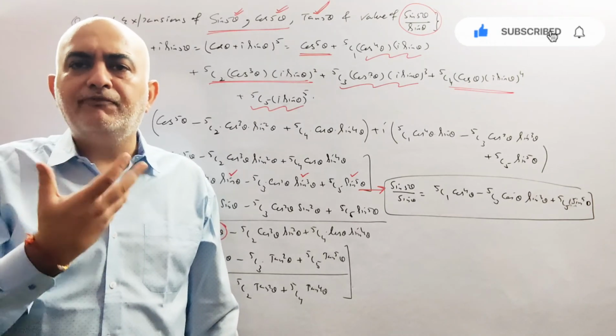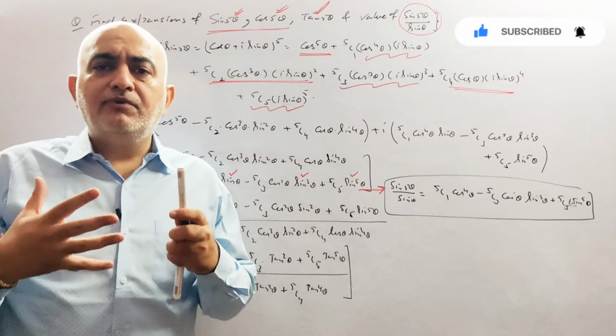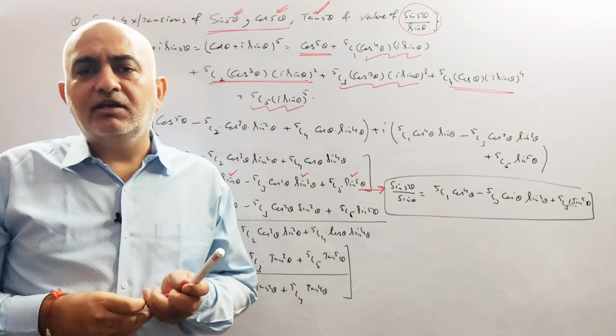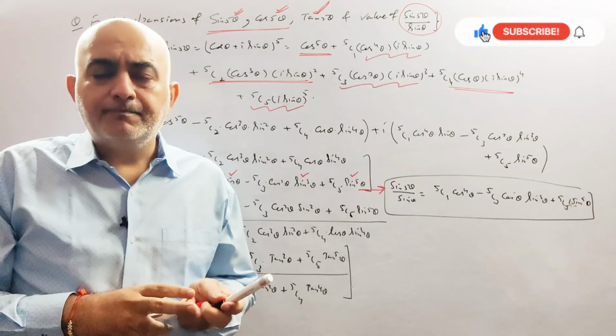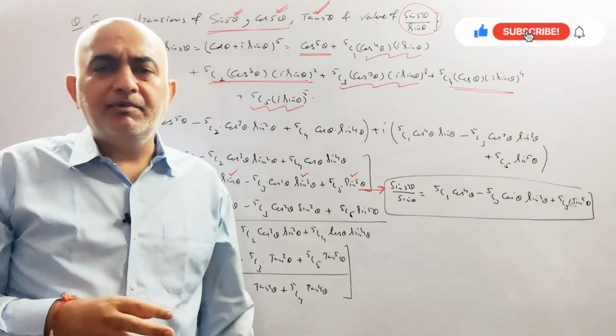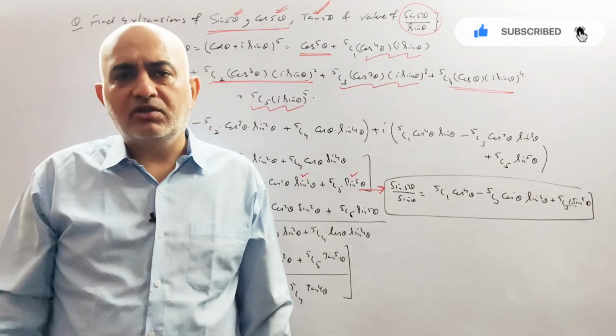This is also a beautiful combination and a beautiful concept of taking expansions from De Moivre's theorem, right? So we are coming in our next video with some more applications of De Moivre's theorem.